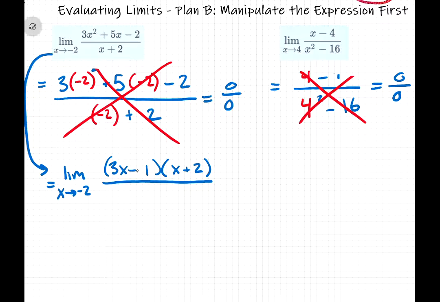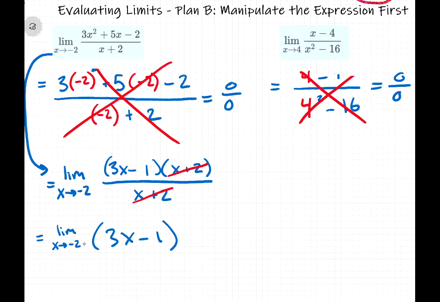That needs to be negative. And we have still an x plus 2 on the bottom. Okay. So it looks like the x plus 2's cancel. So now we have the limit as x approaches, not 0, as x approaches -2. And all we have left is the 3x minus 1. And now we can directly substitute.